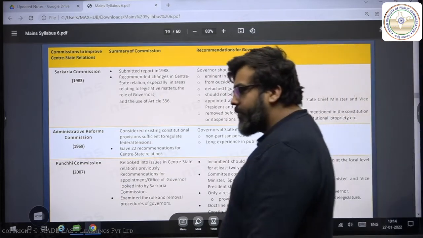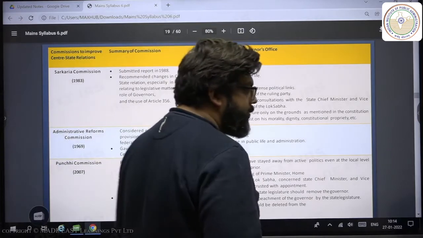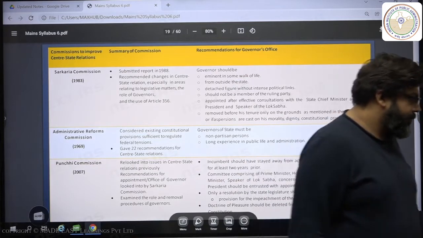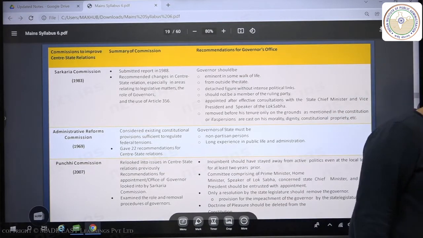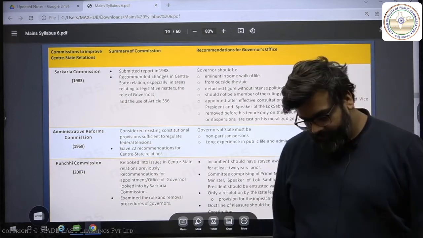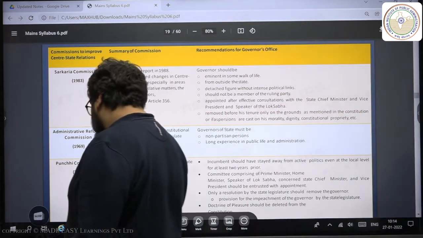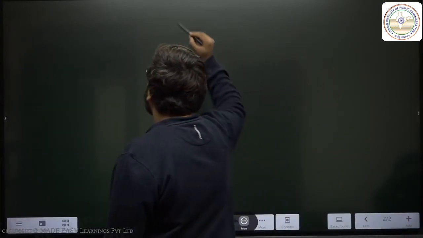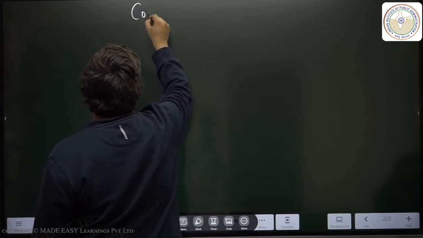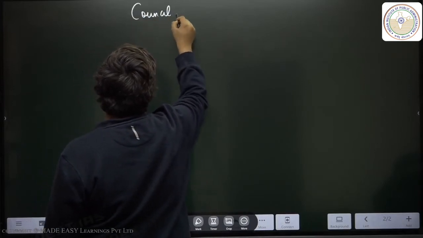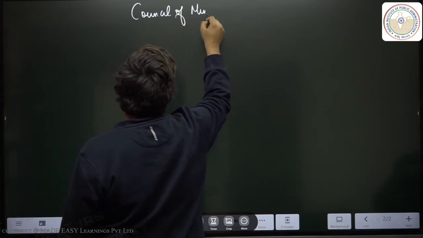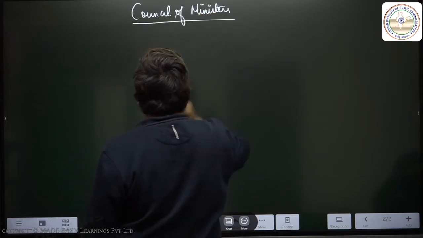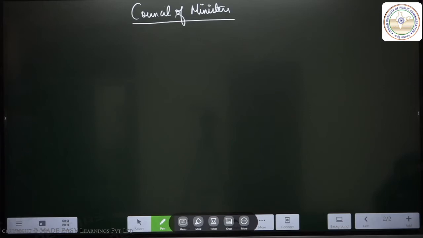Now we are left with a very small topic. Now let's understand the Council of Ministers.